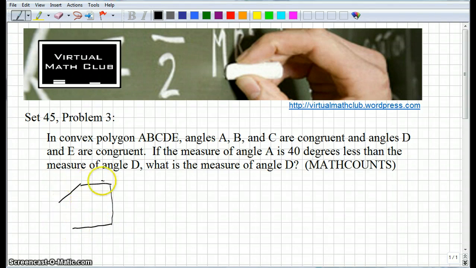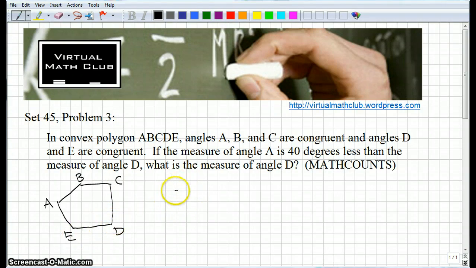You've got 1, 2, 3, 4, 5. And we'll just label these vertices. I don't know that this is to scale, I'm just drawing something random here. And we'll label the vertices A, B, C, D, E.